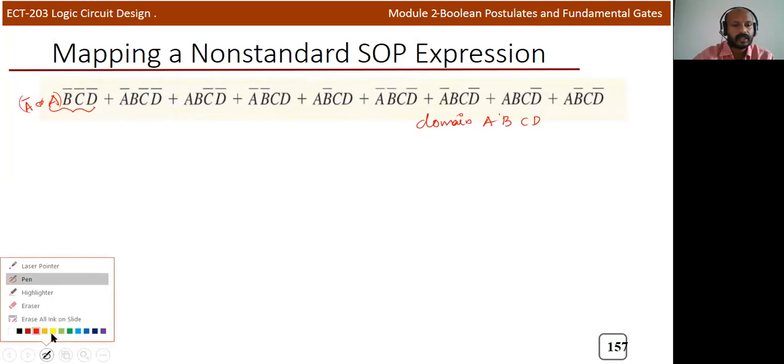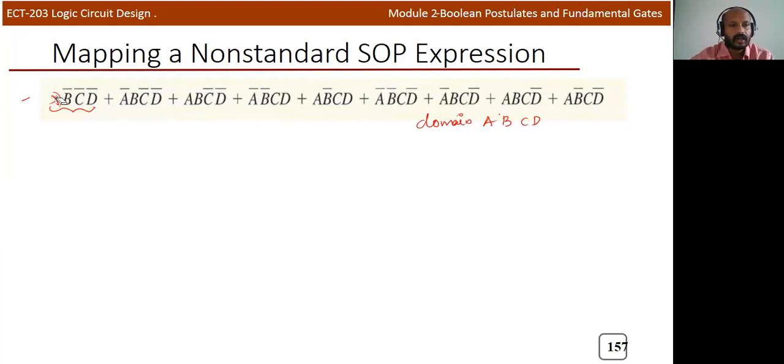For that, I can do one thing. If a particular term is missing, for example in b bar, c bar, d bar, a is missing, so I can multiply by a plus a bar, which is equal to 1, and expand. Multiplying with this 1, you will get exactly b bar, c bar, d bar.